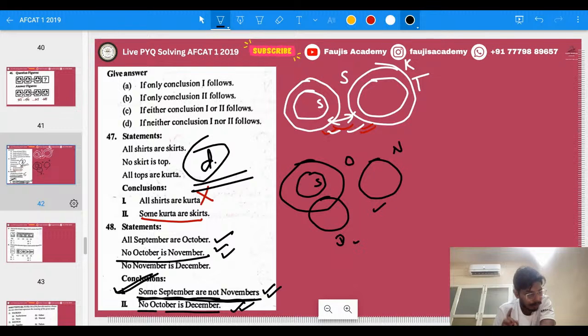Okay, can you disprove this? Some Septembers are not Novembers. To disprove this, you have to find at least one September which is November. Can you find one? No, we can't find one. That is why this is correct.